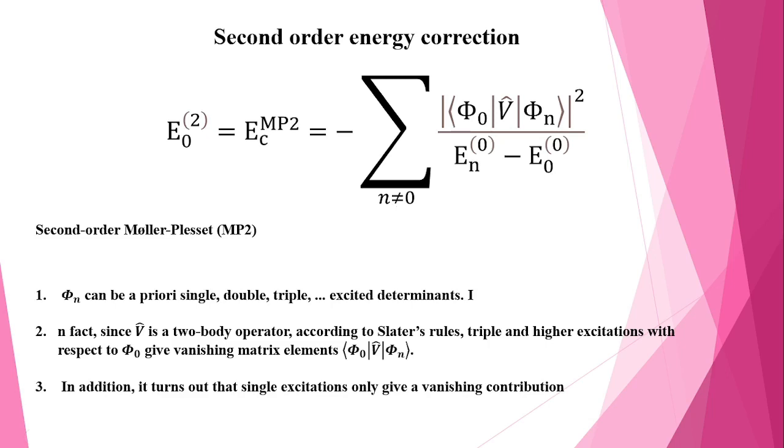So whenever we deal with Møller-Plesset perturbation theory, we have to consider at minimum the MP2 correction, the correction of order 2, because that is what gives the improvement over the energy. Any single excitations will lead to the Hartree-Fock energy; only the double excitations will contribute towards the total energy.